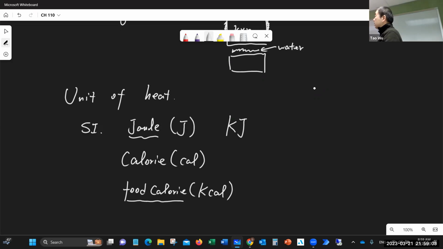And in our body, how many do we need for daily usage? 2,000 for a small-size person, 3,000 for a bigger size. If you're living in Wisconsin or even further north, you probably need 4,000.